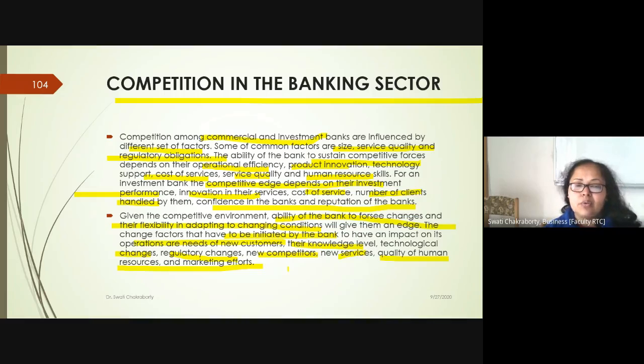So how the changes that banks will undergo will have an impact on their operations: changes in customers, new knowledge level, technological changes coming up, changes in the regulatory system, new competitors, new services, human resources quality, the marketing efforts. So these are the things where changes have to come about.